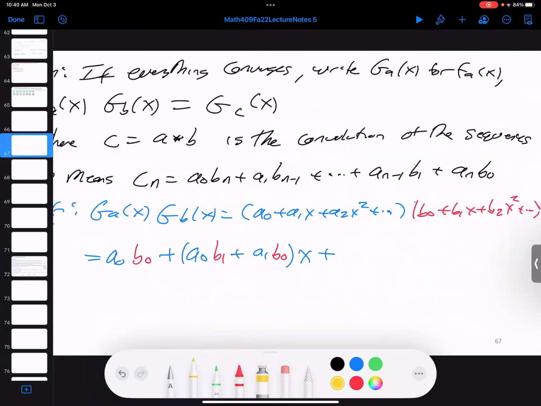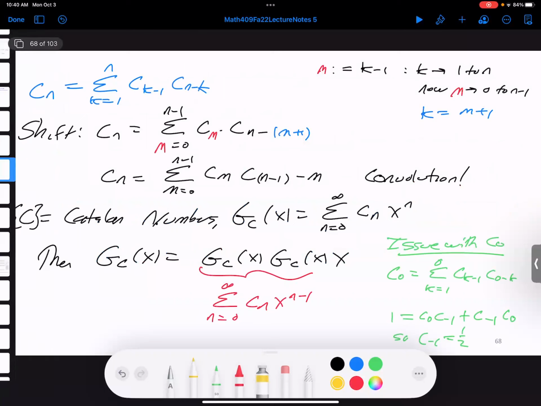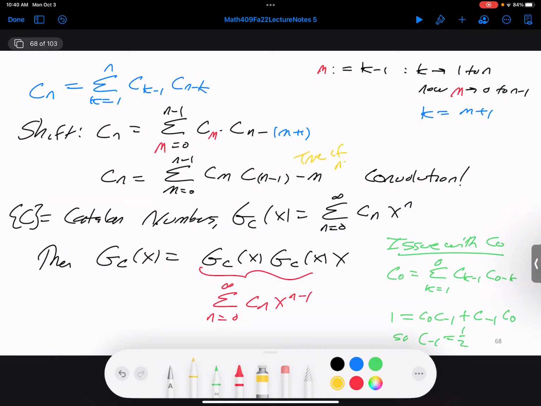The question is trying to figure out, how do we fix things? This formula is true for all values of n that are at least 1. Okay, so this is true if n is greater than or equal to 1. Okay, so what do we now have?